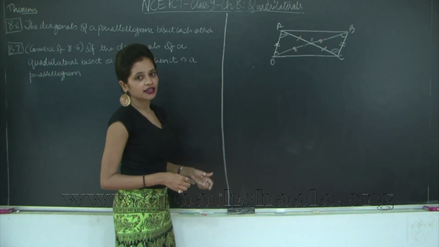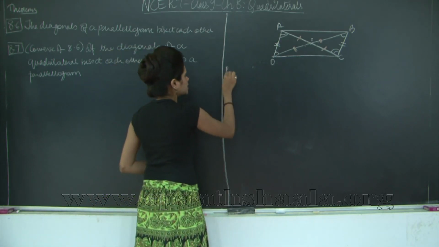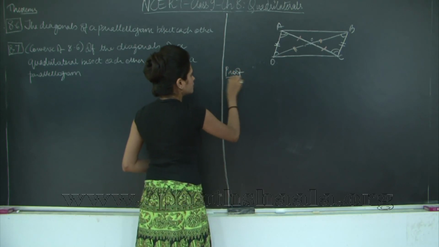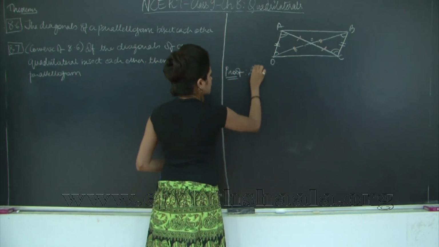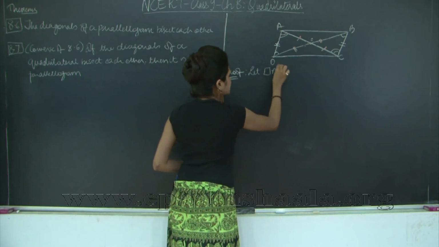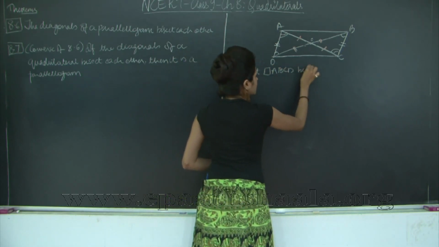Now let's go ahead and write the proof along with the constructions. So I'll say proof, let quadrilateral ABCD be a parallelogram.